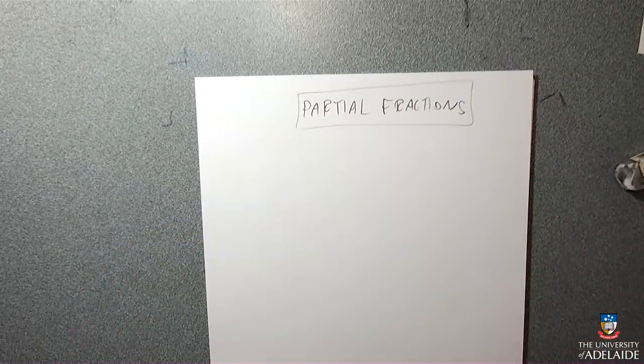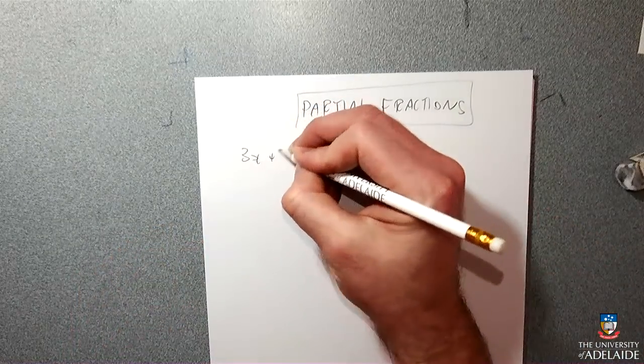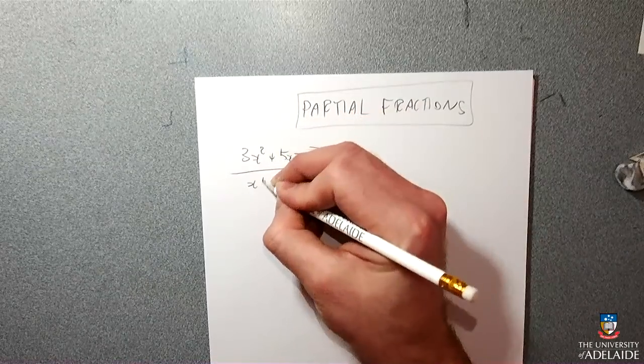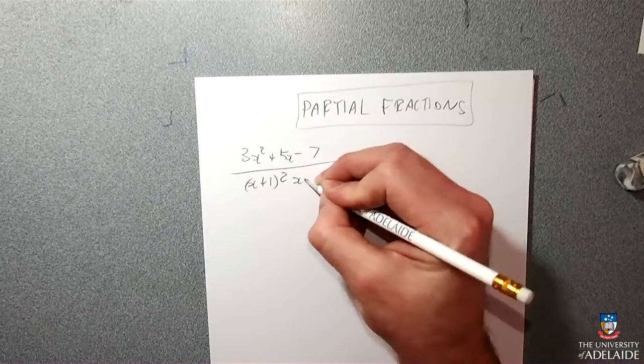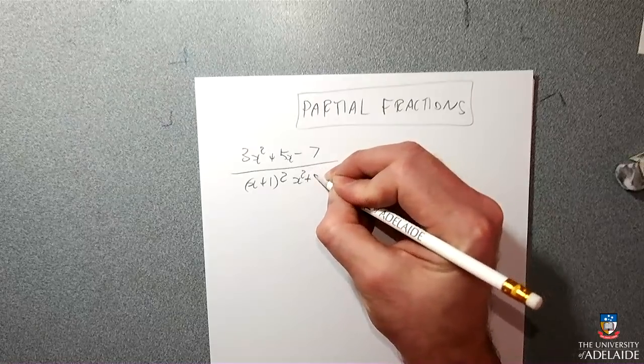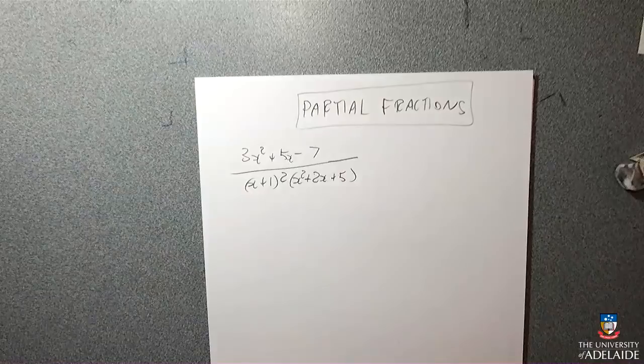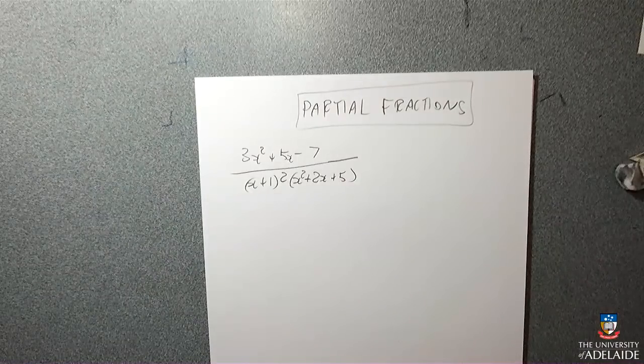So if you had something like this and you wanted to split it up into its pieces, if you don't split it up into the right number of pieces, it won't work.